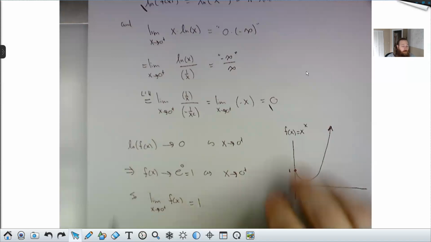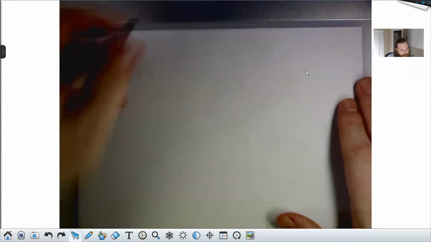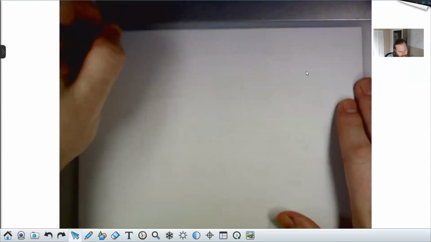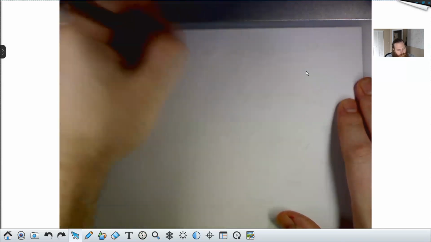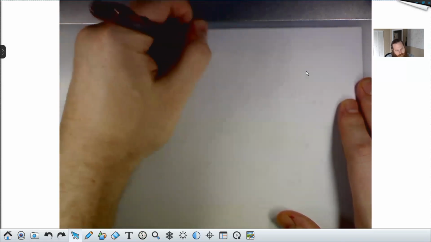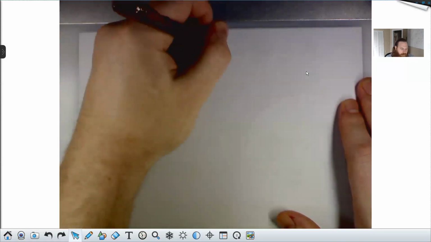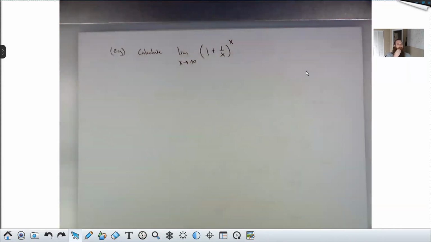Okay, there's one other very important example of an indeterminate power. And that's the limit as x goes to infinity of 1 plus 1 over x, to the x.